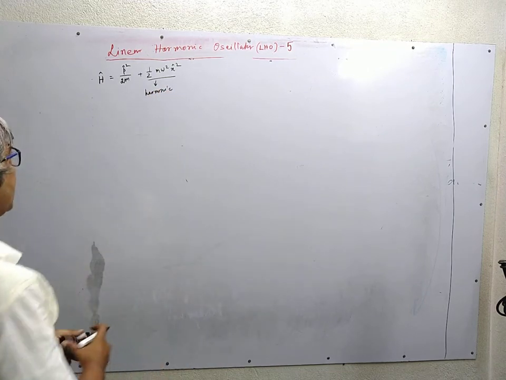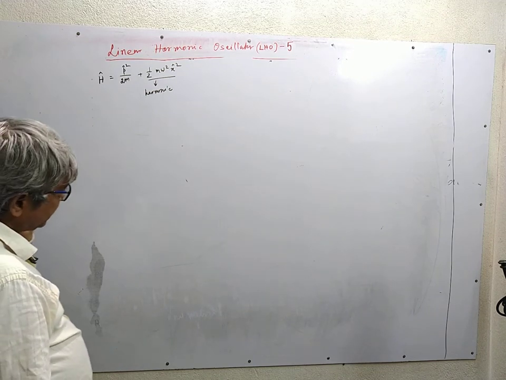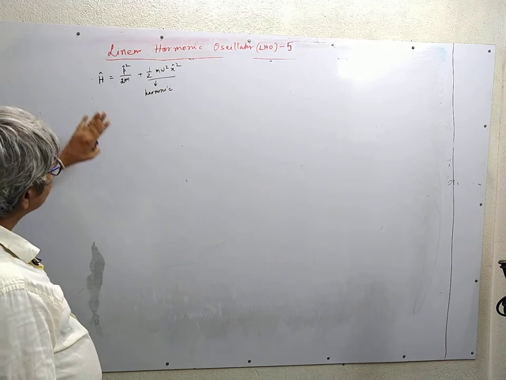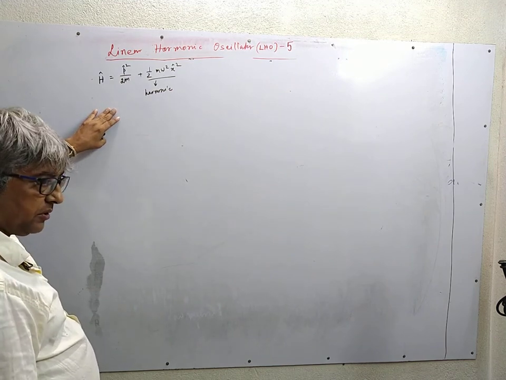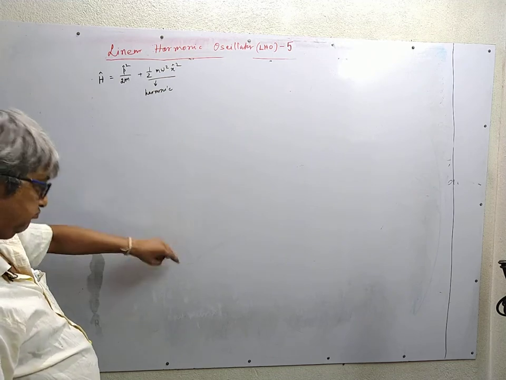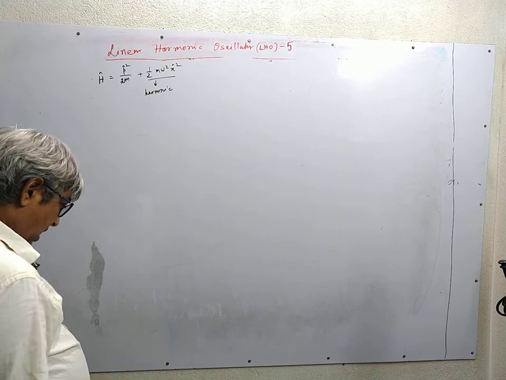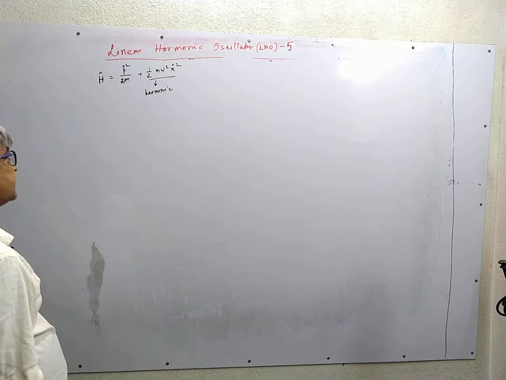So far as the potential is strictly parabolic, the theory that we have developed so far is applicable, and we can solve the Schrödinger equation to get the stationary states.